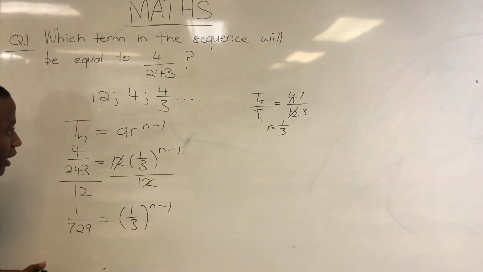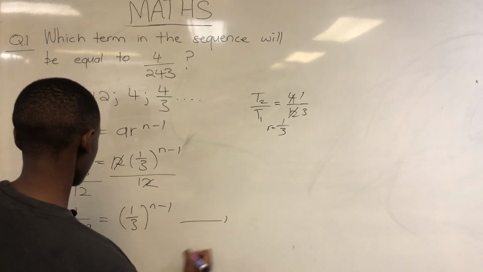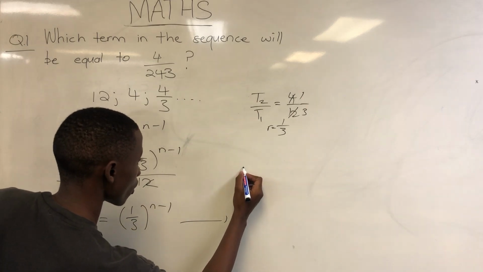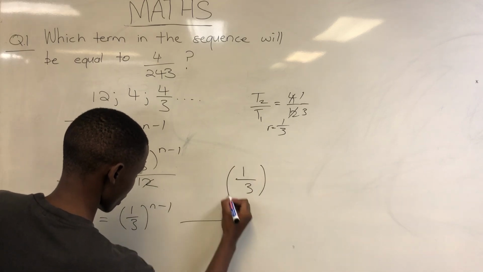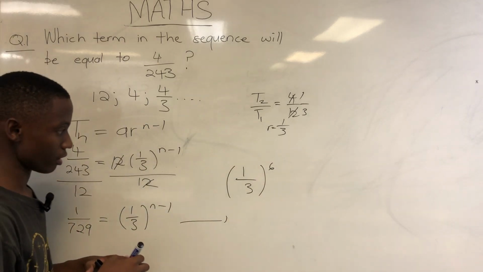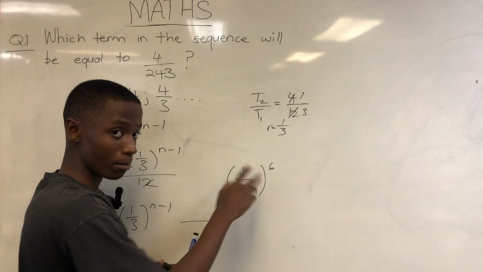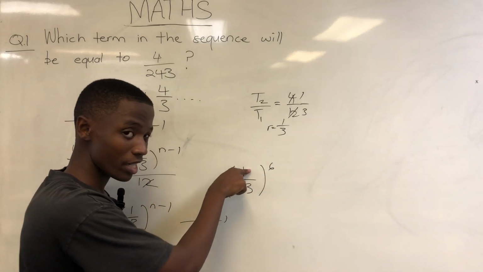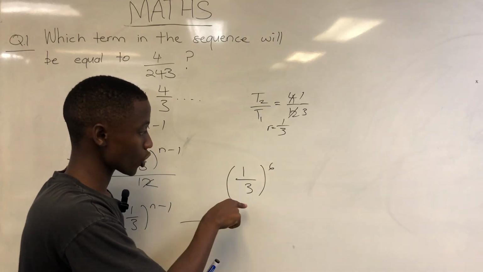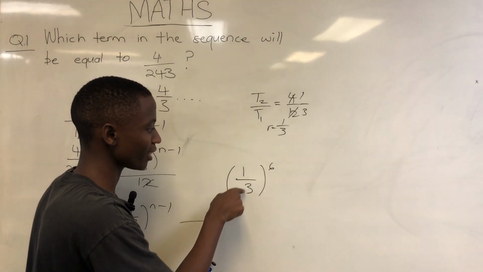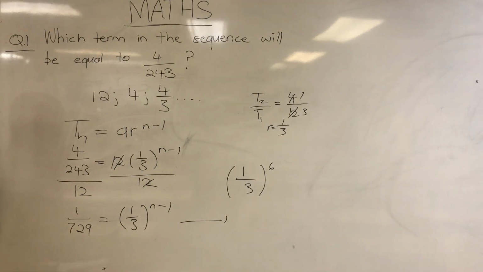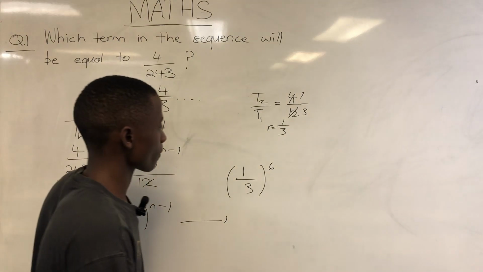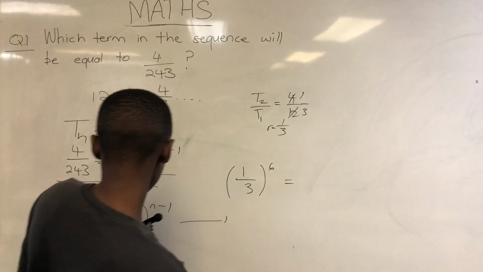So we have 1 over 3, in a bracket, to the power of 6, because this 6 multiplies with both the numerator and the denominator. It's 1 to the power of 6 and 3 to the power of 6, and 1 to the power of 6 is 1. I hope you get it.